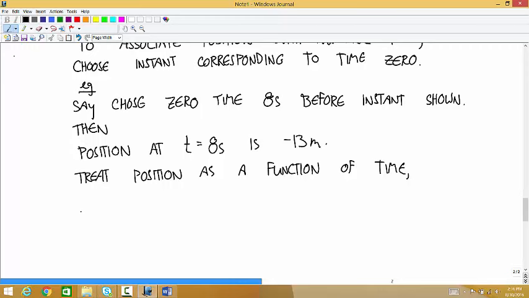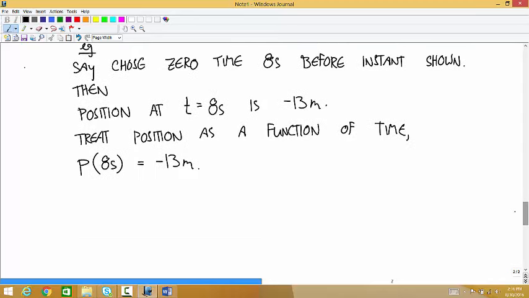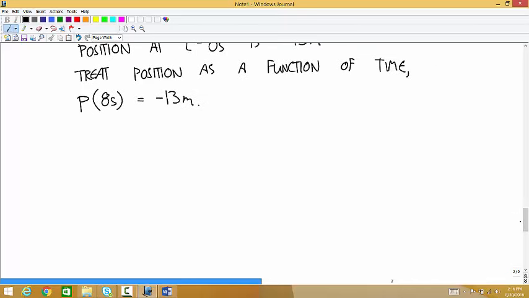And then we can write that the position at time 8 seconds is equal to negative 13 meters. And what's your favorite thing to do with functions? Someone said graph them, right? No? Well, anyways, if you would have said that, I would say yes.